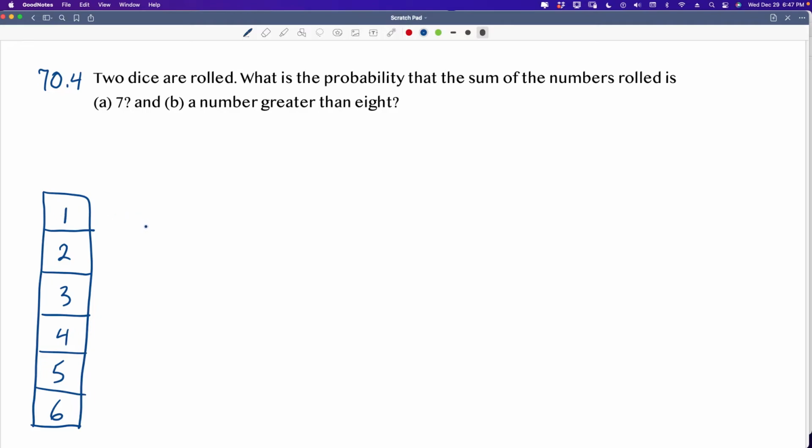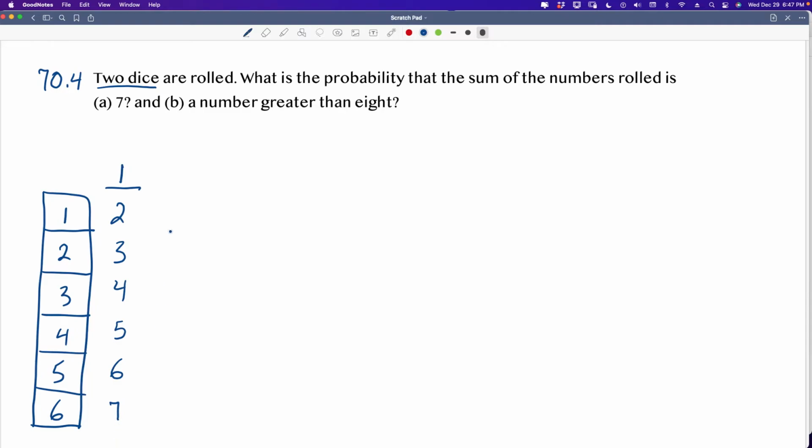Now, we have the opportunity to pair it with the second dice because it says 2 dice are rolled. So if the first dice lands on one of these and the second dice lands on a 1, 1 plus 1 is 2. 1 plus 2 is 3. 1 plus 3 is 4. 1 plus 4 is 5. 1 plus 5 is 6. And 1 plus 6 is 7.